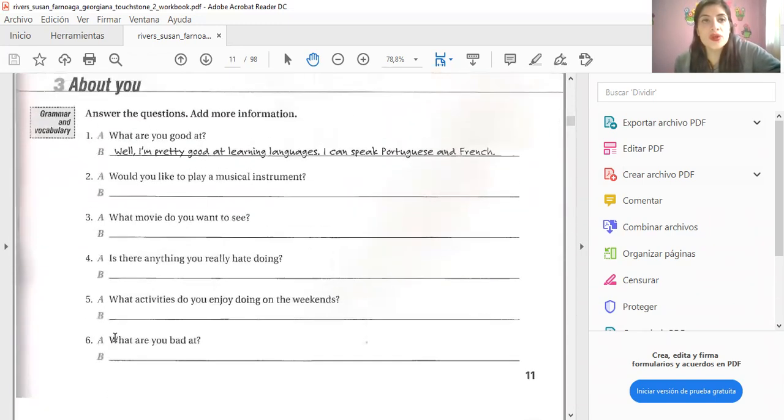And also here we have About You. Touchstone always offers this part in their books. It's very important to mention personal information and critical thinking skills. So Touchstone always offers questions about you, related to the topic. So students have to do this alone.